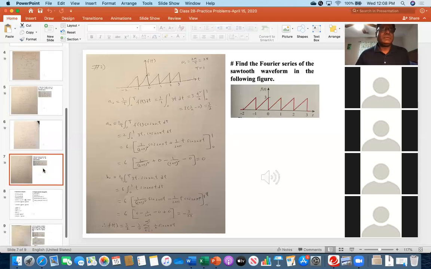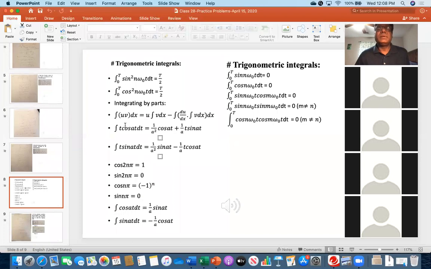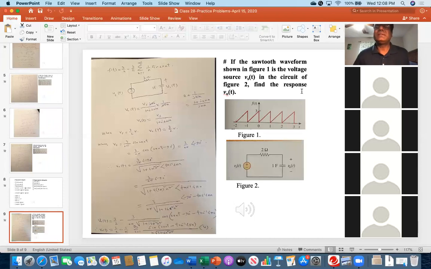Okay, so moving forward, this slide is just those identities. Now, for today, this is the last slide. Everybody see, again another circuit problem with the help of Fourier series. What's the question?